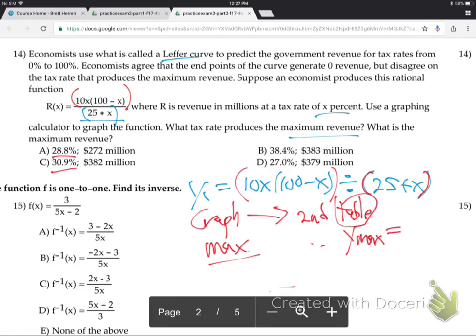The other problem on this one is the X's are all decimals. 28.8, that's 0.288, isn't it? So the X min should be 0. The X max should be 1. Everything happens between 0 and 1 on X. That's what really messes a lot of people up. They don't notice that the X values are percentages, which are decimals between 0 and 1.